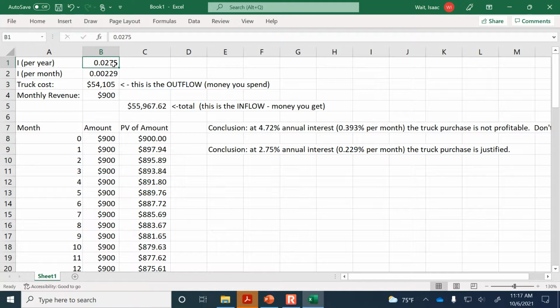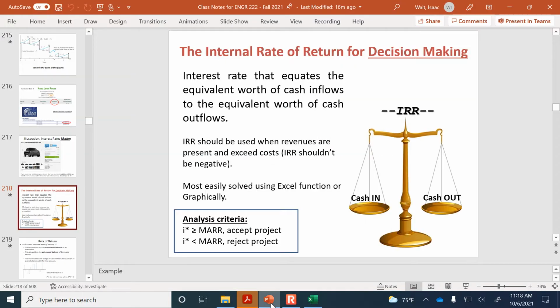What about when it was at 4.72? When it's at 4.72, the outflow was bigger than the inflow. What we want to find is some interest rate that makes the outflow and the inflow equal. That is the internal rate of return.